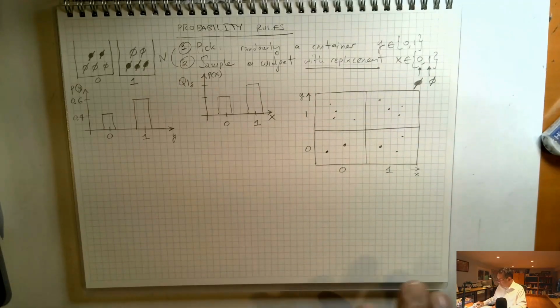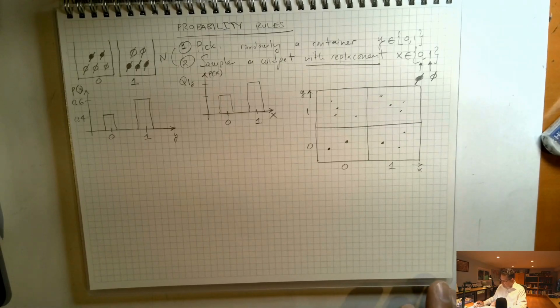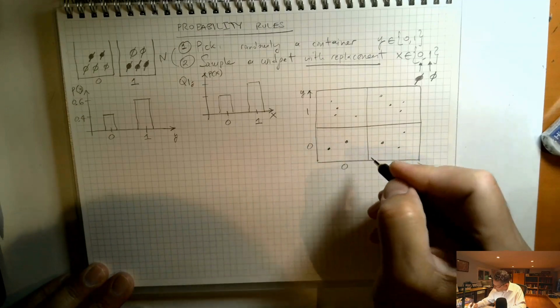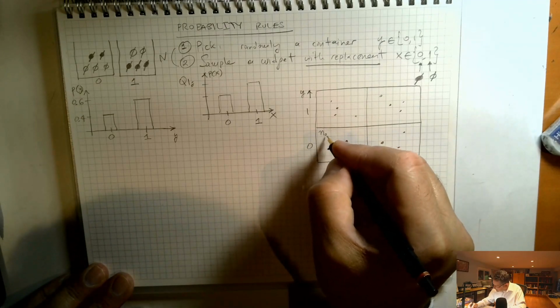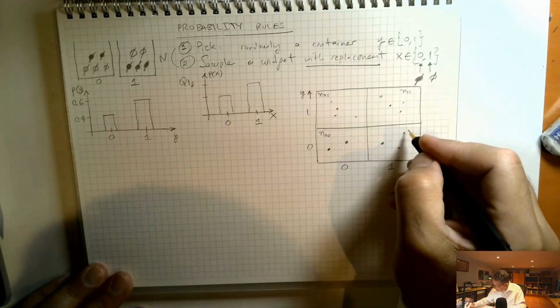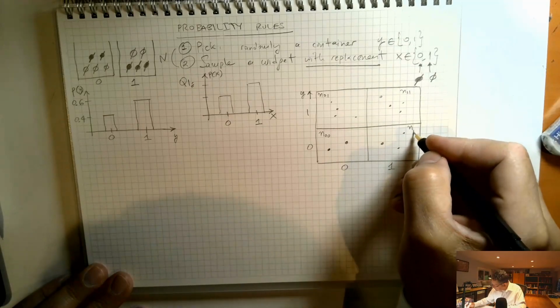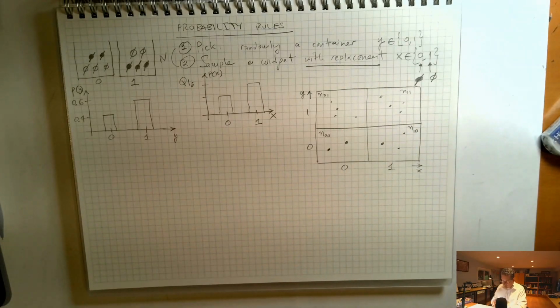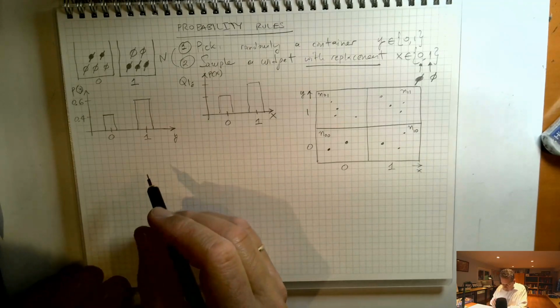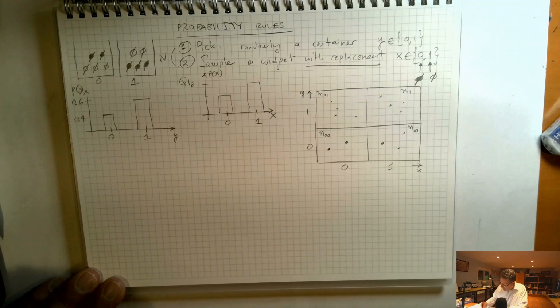Okay, and what I would like to do is also give you the counts that I have obtained here. I will call this count N00, this count N01, N11, and N10. Now that I have obtained the counts, I can start thinking about how to estimate P of X is equal to 0.